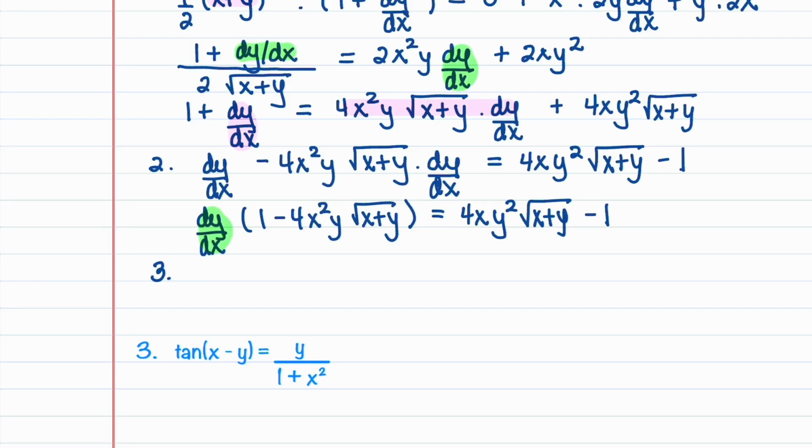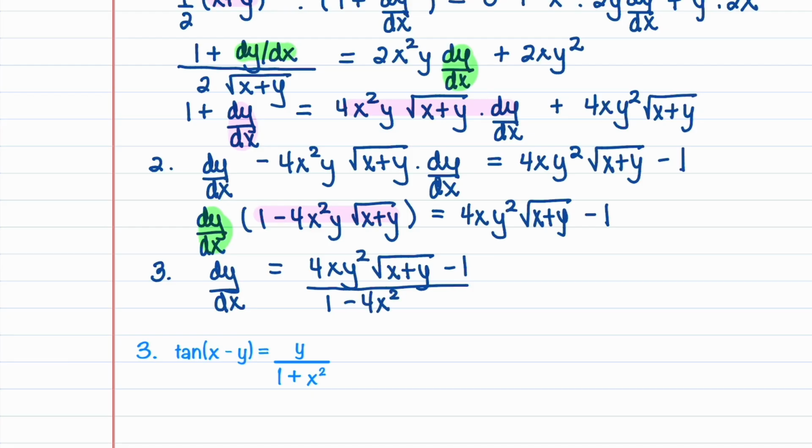So we're going to divide both sides by this expression. This gives us dy/dx on the left is equal to 4xy squared square root of x plus y minus 1, all divided by 1 minus 4x squared y square root of x plus y.